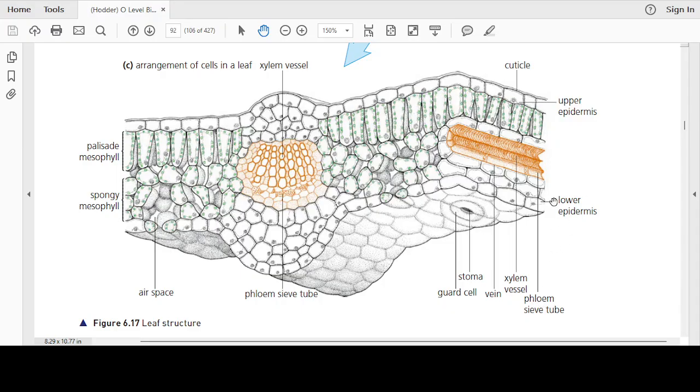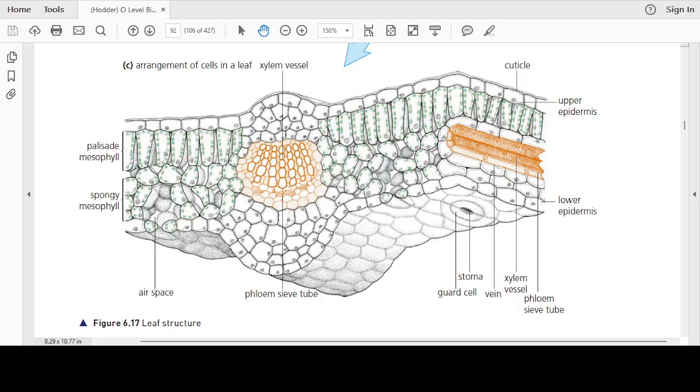So the phloem sieve tube, and they have the function: the xylem vessel brings in water and nutrients from the soil, and the phloem sieve tube takes away the glucose that is produced by photosynthesis. Right? Now, if you can just retain this structure in mind, we'll talk about what these different structures do.